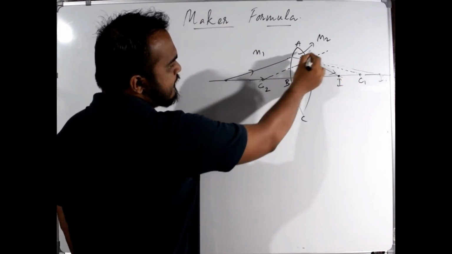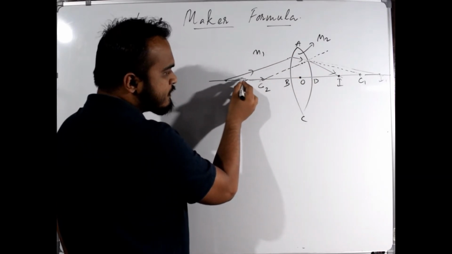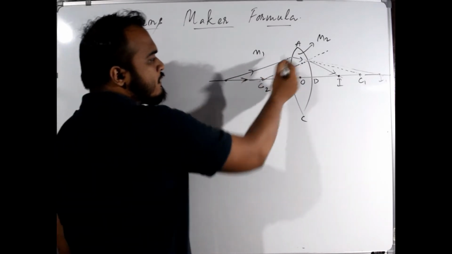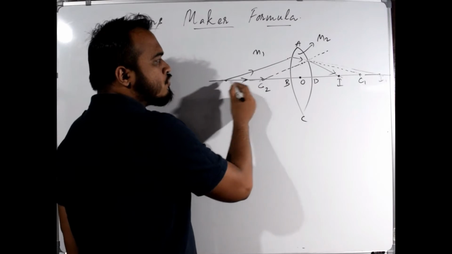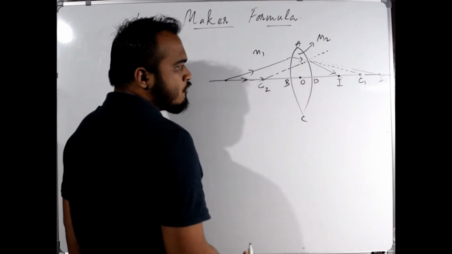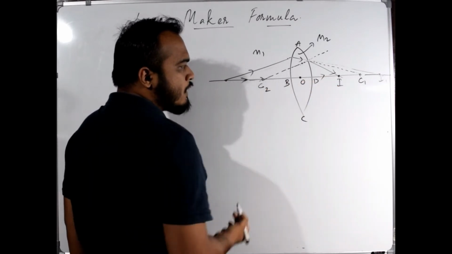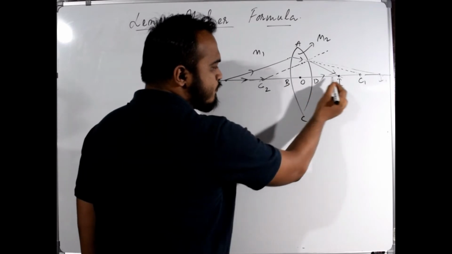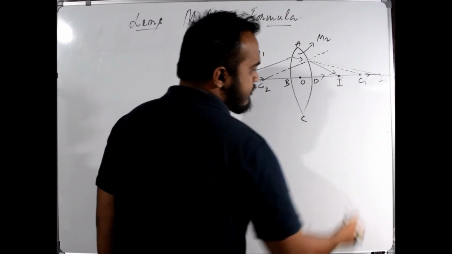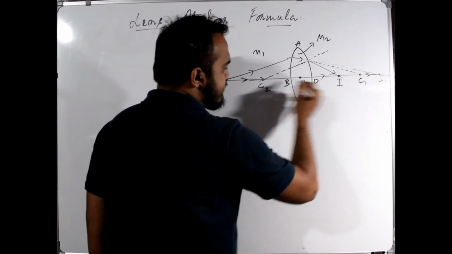This is one ray, and let us consider another ray passing along the principal axis. This ray passes along the principal axis through the optical center, so it will go undeviated.